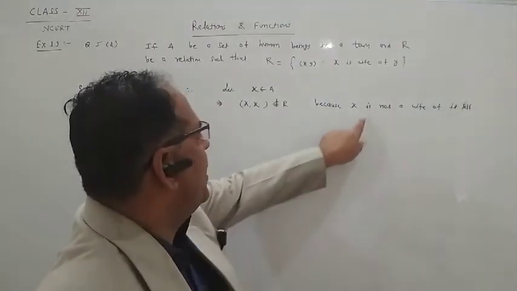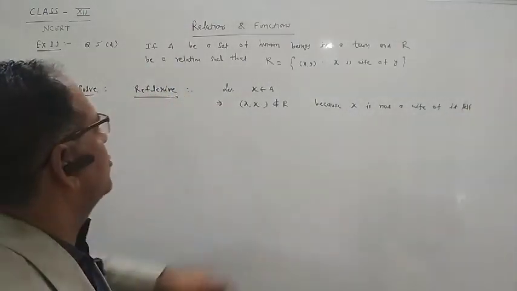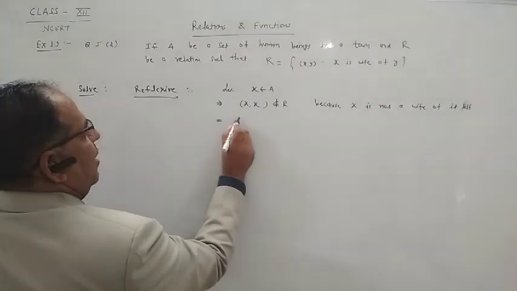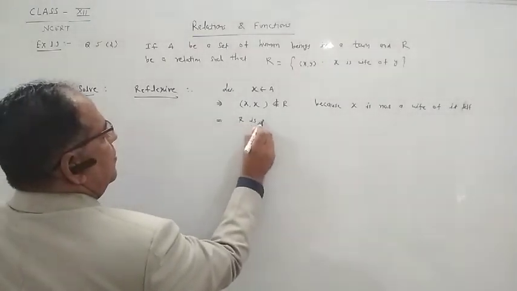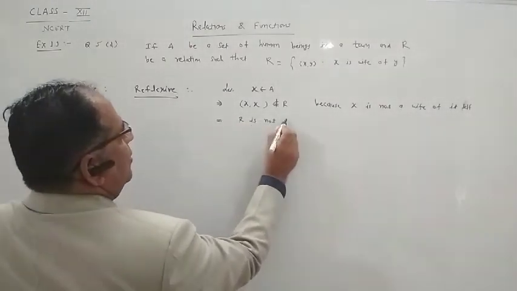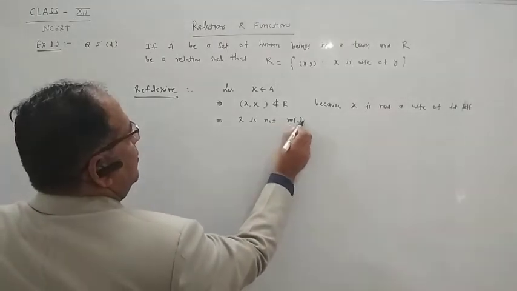Nobody can be a wife of itself, so (x, x) does not belong to R. This implies that R is not reflexive.